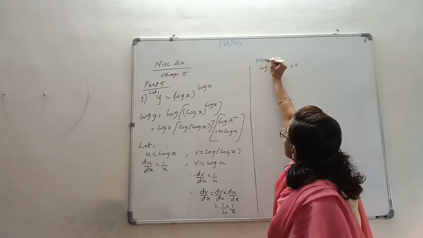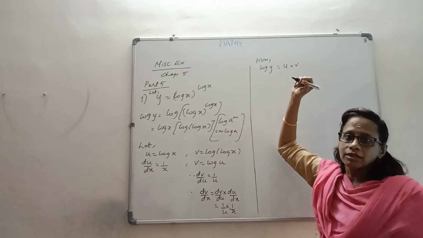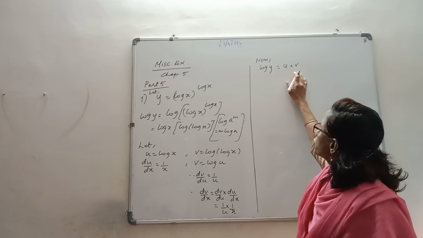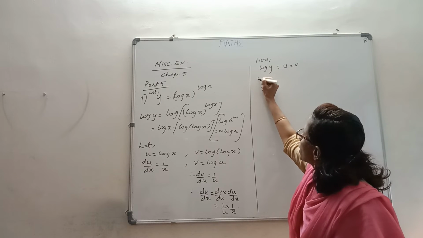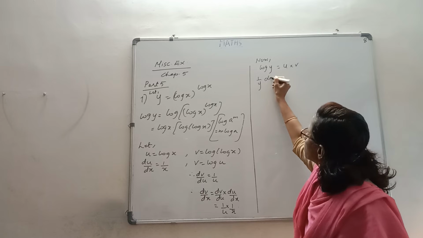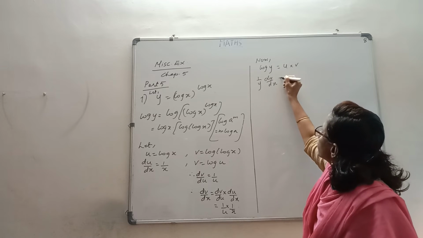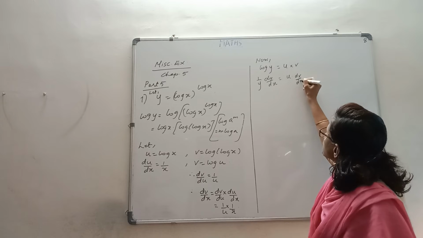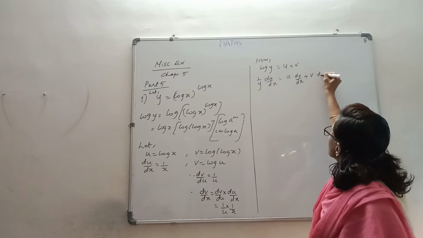If you plan to take the derivatives on both sides, the derivative of log y is 1 by y dy by dx, and the derivative of a product is u into dv by dx plus v into du by dx.